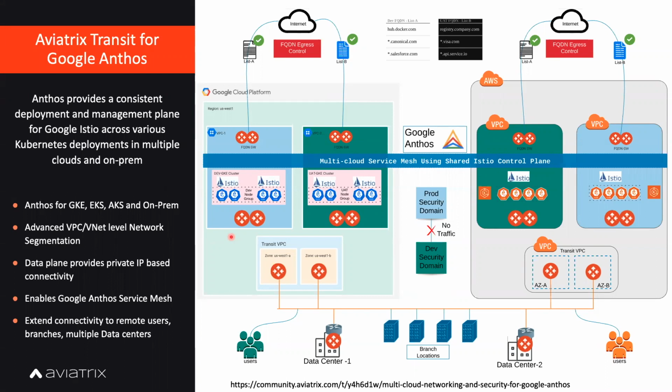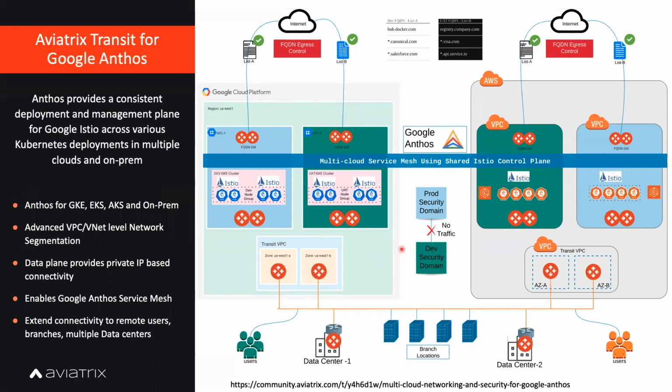This is exactly where the Aviatrix platform comes in. Istio or service mesh can solve the layer 7 issues, but for all the networking, security, connectivity, segmentation, and encryption, you can leverage the Aviatrix hub and spoke transit-based architecture with all the other features that I explained.